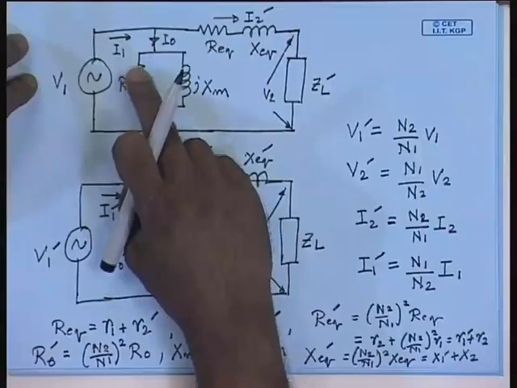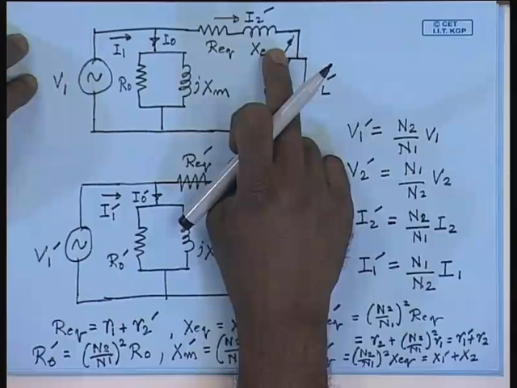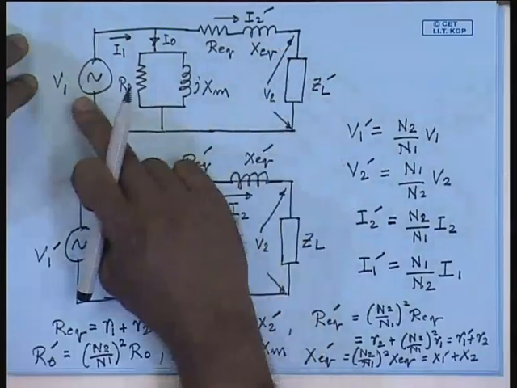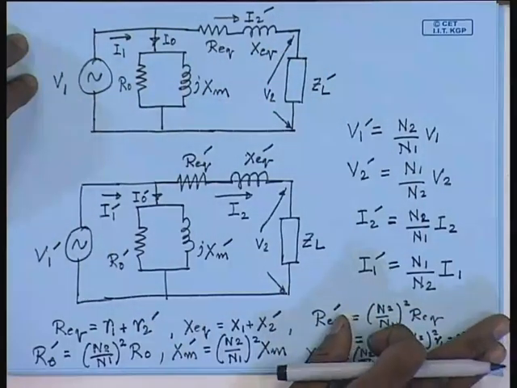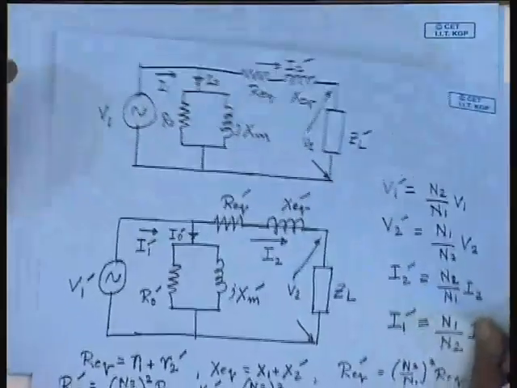The way we can do it is by converting this equivalent circuit to a per unit equivalent circuit, where each parameter of the equivalent circuit and each variable are expressed in per units. How do we do that?